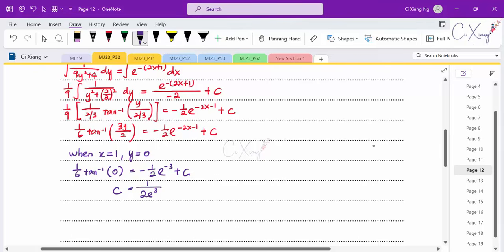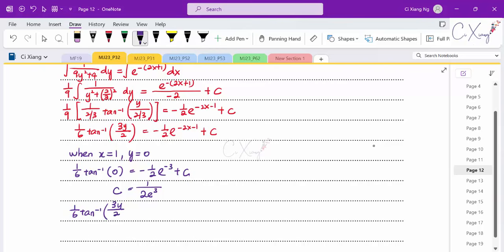If I rewrite my equation again, I'm having 1 over 6 tangent inverse 3y over 2 equals 1 over 2 e^(-2x-1)... sorry, e^(2x+1), then plus 1 over 2 e power 3.